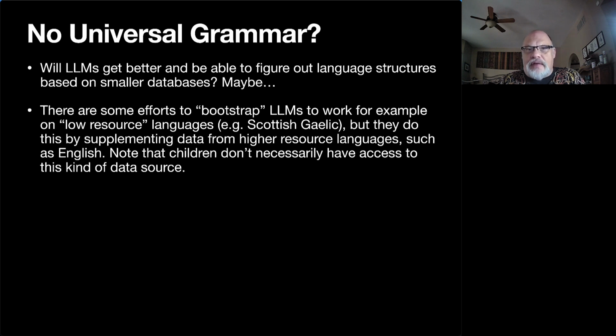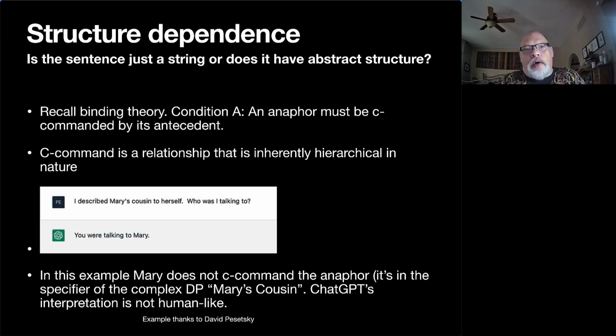They don't necessarily have access to a large database that can bootstrap their small data input. Okay, so I think it's reasonable to conclude that humans need UG, even if LLMs don't.